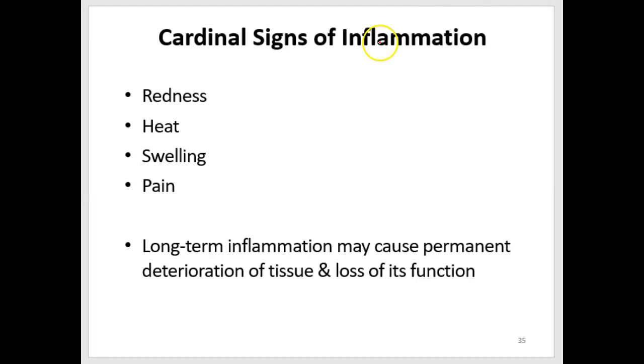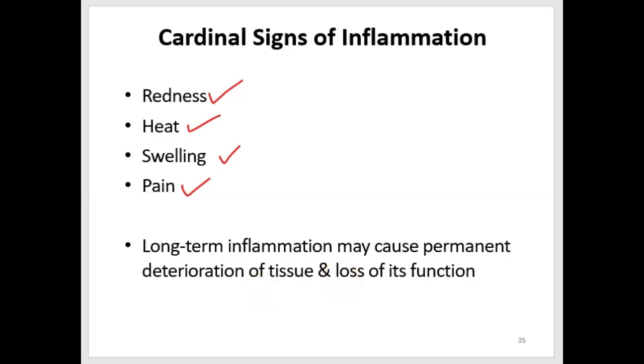Now, what is inflammation? Well, it's swelling, redness, heat, and pain. Those are the 4 cardinal signs of inflammation. Now, long-term inflammation also might cause permanent deterioration of tissue, loss of tissue, and therefore loss of function.